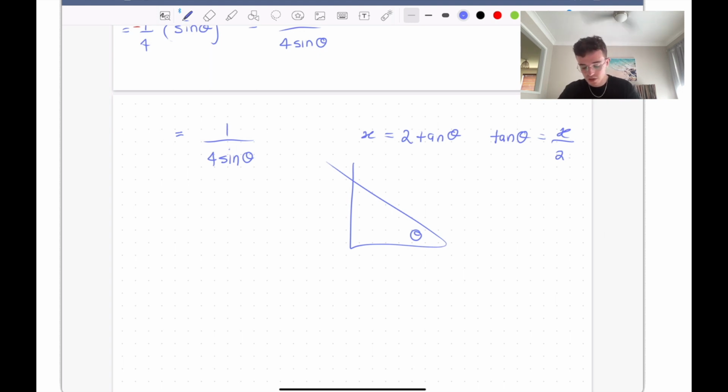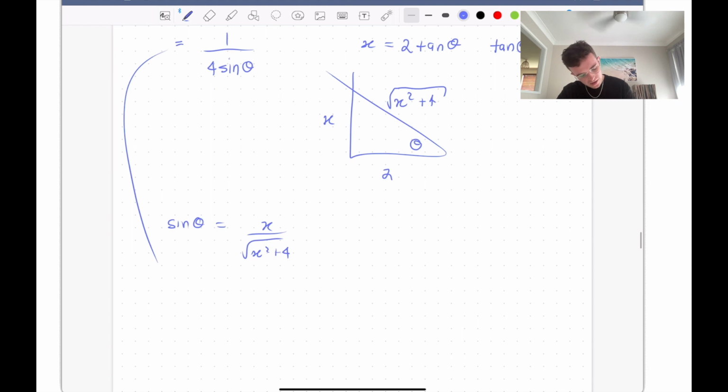So using our trig ratio, that's x, that's 2, which means this is the square root by Pythagoras' theorem of x squared plus 4. So therefore sine of theta is equal to x over the square root of x squared plus 4.